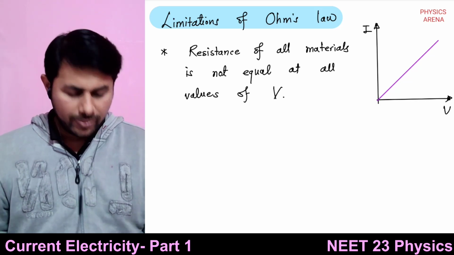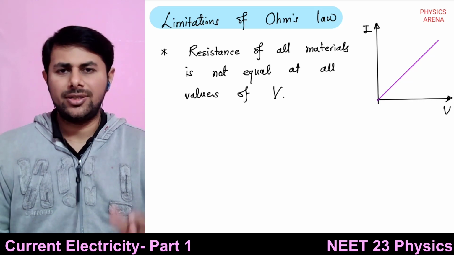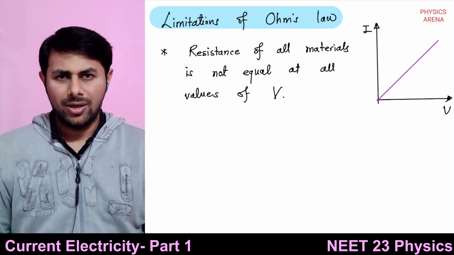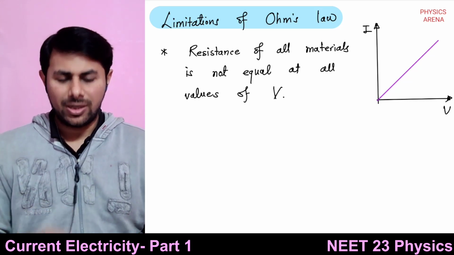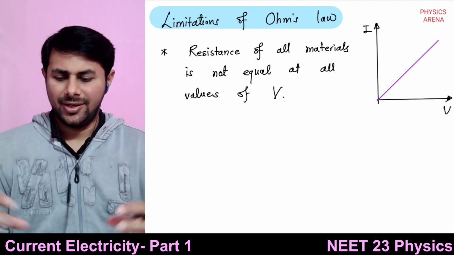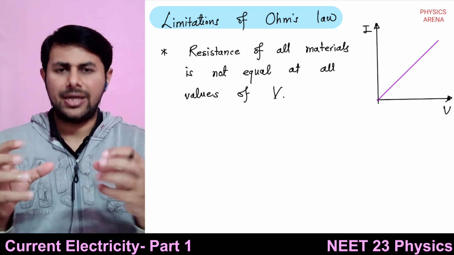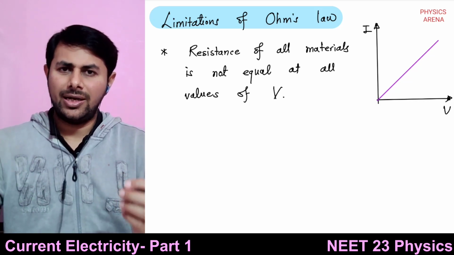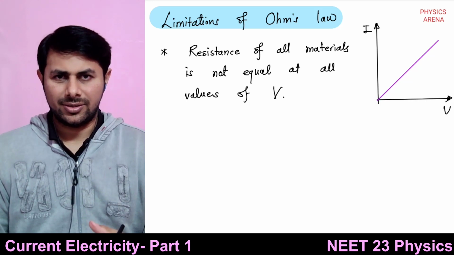Now you might say, why should it depend on potential difference? Because as you increase the potential difference, what will happen? The velocity of electrons will increase. Now we have considered the static case. What is the static case? That the atoms inside the conductor are steady, and on an average the number of collisions will be constant, right?